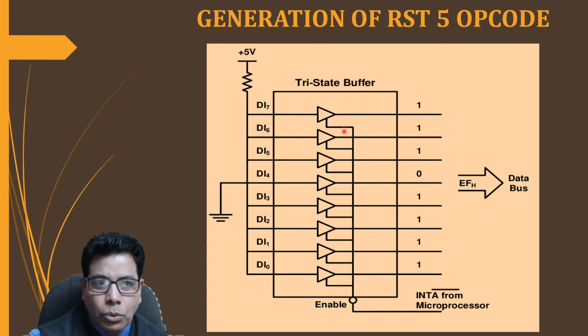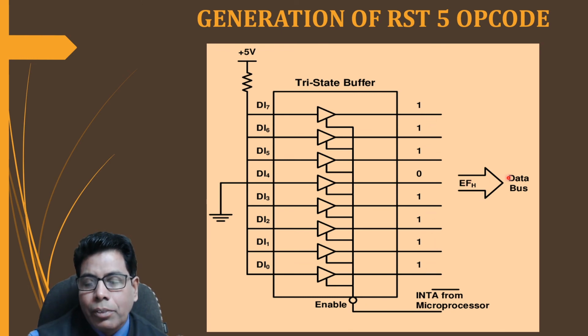Now the RST code is EF, as already discussed. So if the interrupt is acknowledged by the microprocessor, then the INTA signal will become low. Then RST5, whose code is EF, is gated into the system bus, that means the data bus.